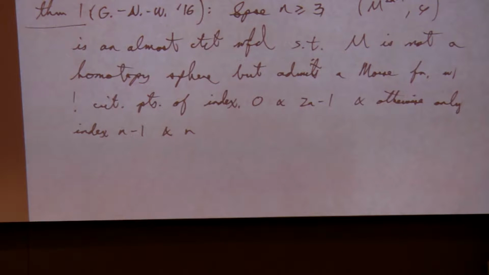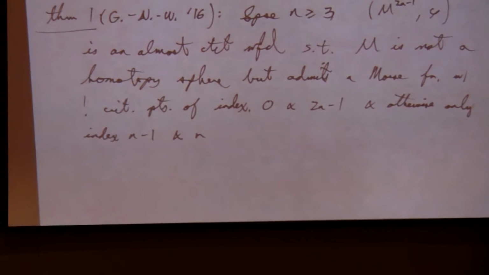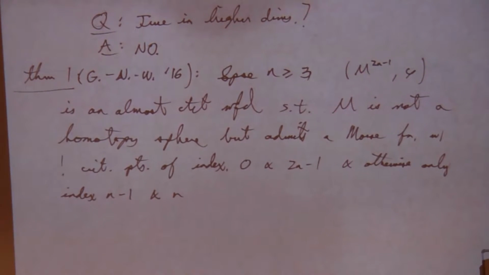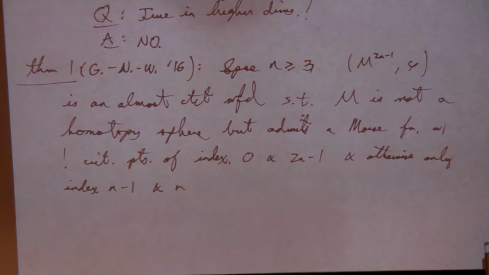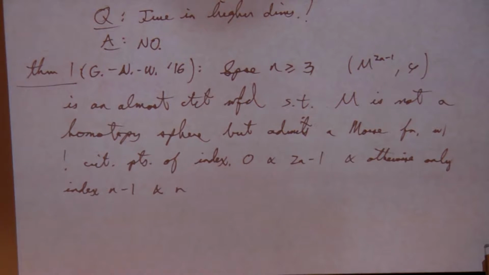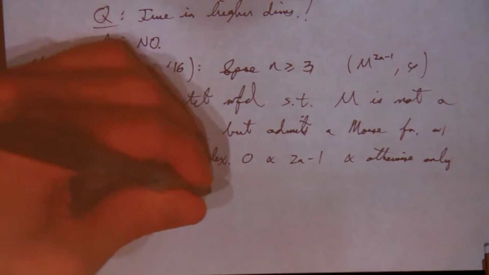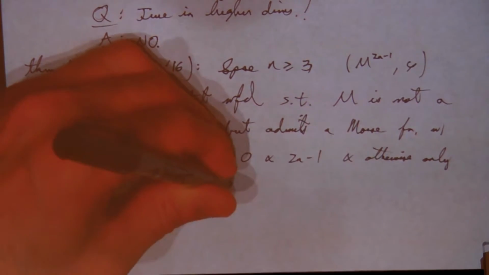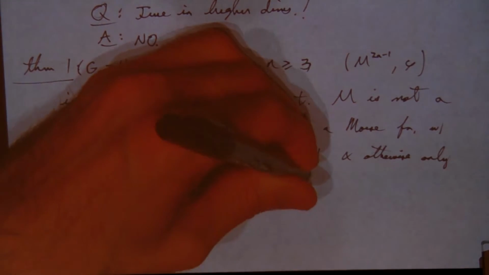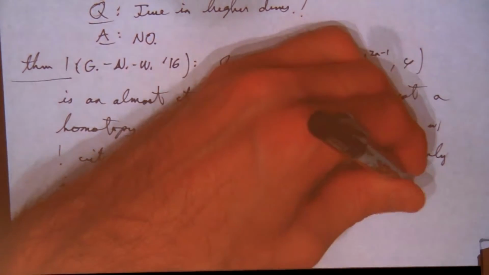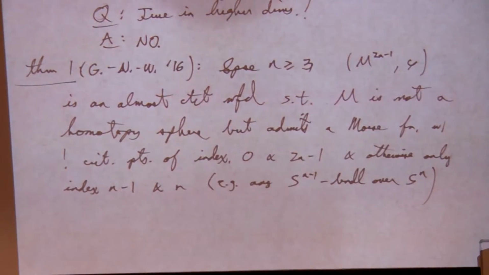So there are potentially critical points of index 0, n minus 1, n, and 2n minus 1, with the maximum and the minimum being unique. Just to convince you this is not a statement about the empty set, you can take any S^(n-1) fiber bundle over S^n, and it will satisfy these conditions.